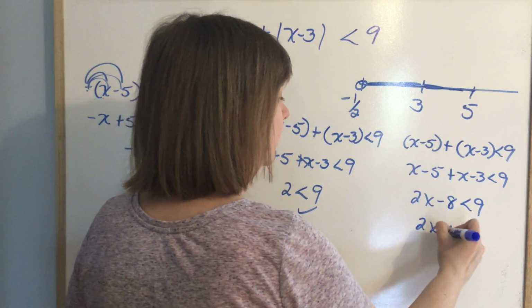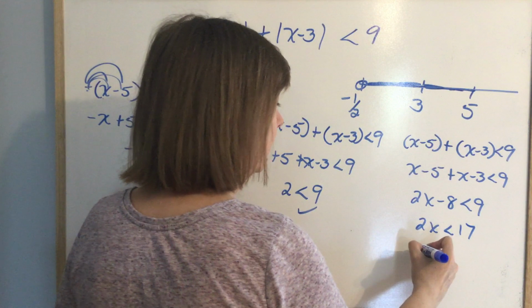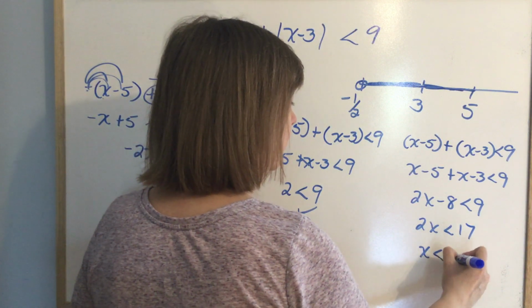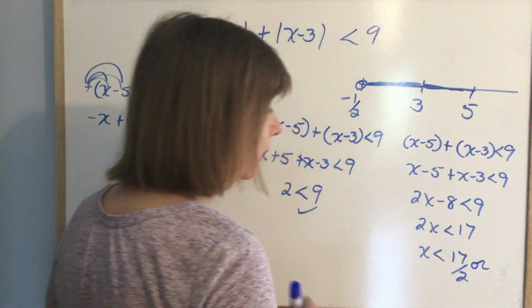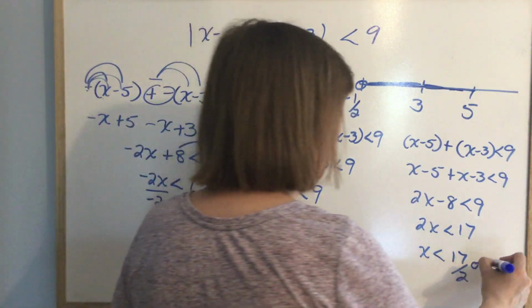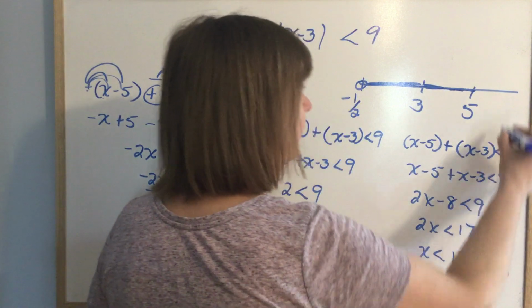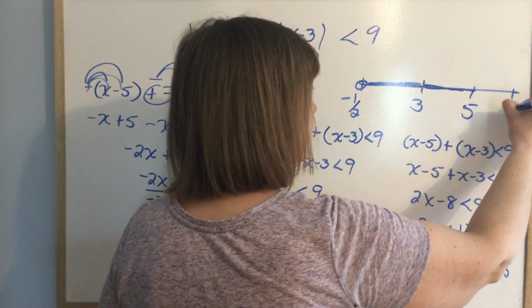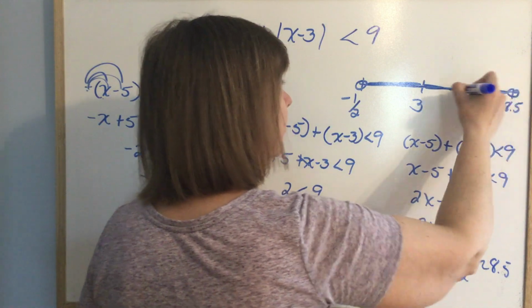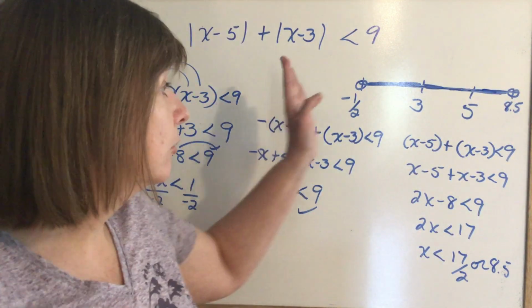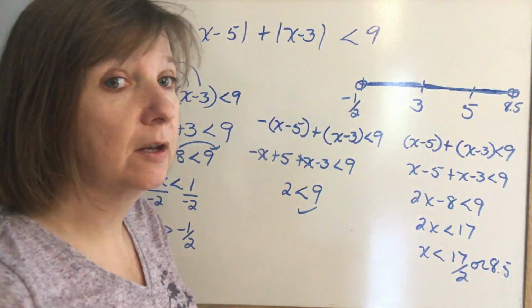So 2x is less than 17. So x is less than 17 over 2, or if you like decimals better, 8.5. So here's 8.5. X is less than that, and it's going to join up. So x is greater than -1/2, but less than 8.5.